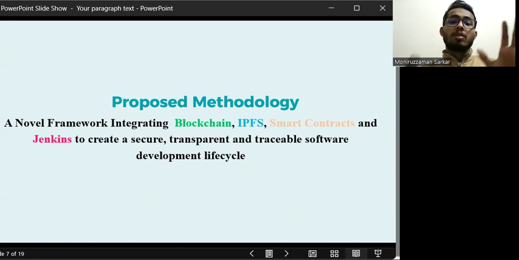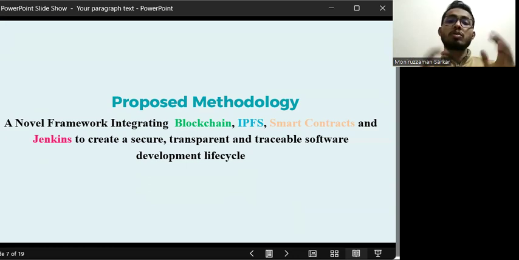So, as we already described, there are several problems for distributed DevOps. A question arises: is it possible to solve these problems and implement a framework that will be able to provide a suitable software development lifecycle? The answer to this question is yes.